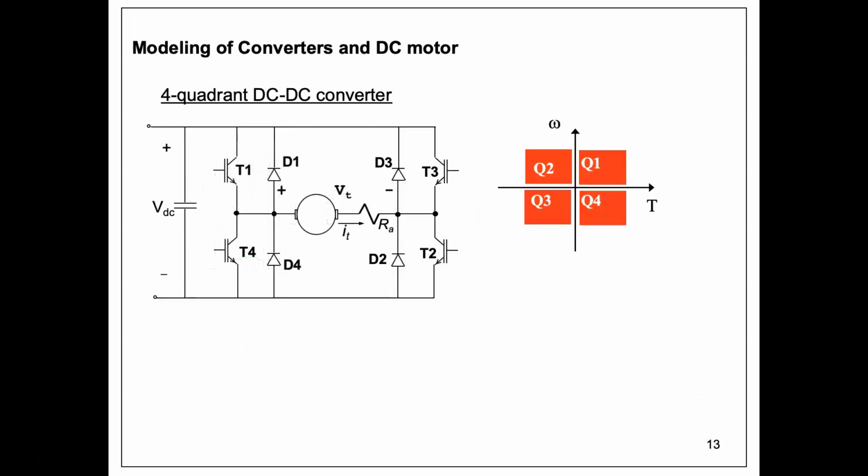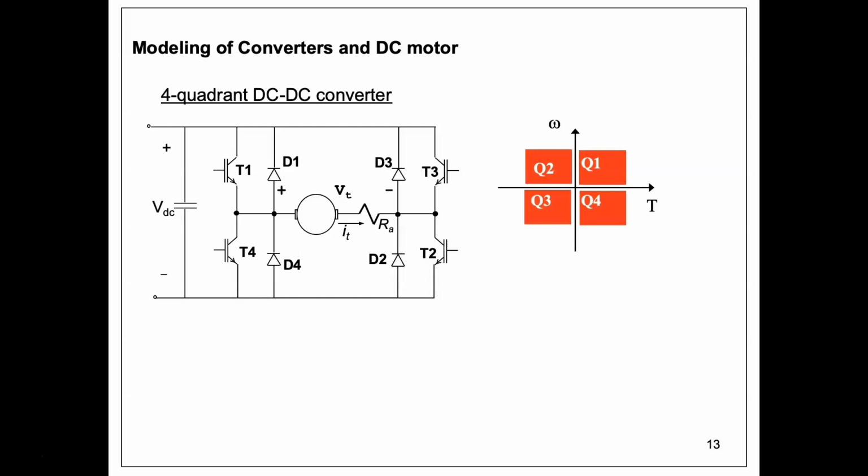In our tutorial, we will be using a 4-quadrant converter, also known as H-bridge converter. If you look closely, a 4-quadrant converter is essentially a combination of two 2-quadrant DC-DC converters. In this 4-quadrant converter, in addition to VDC and 0, the instantaneous output voltage can be made to equal minus VDC.